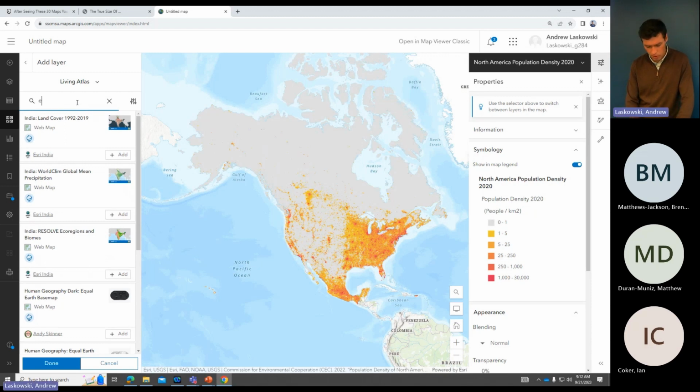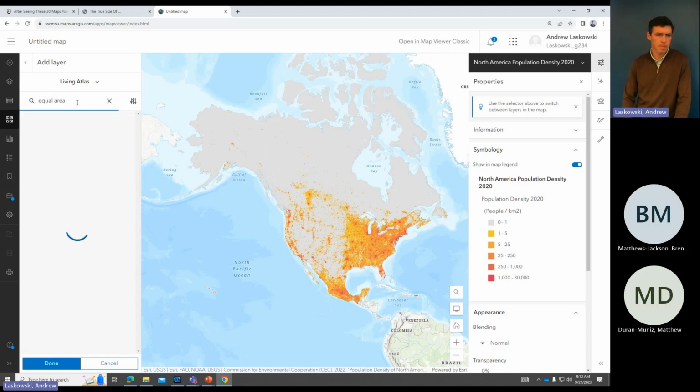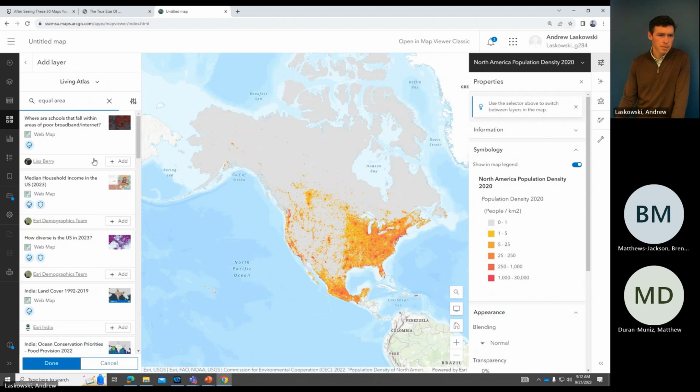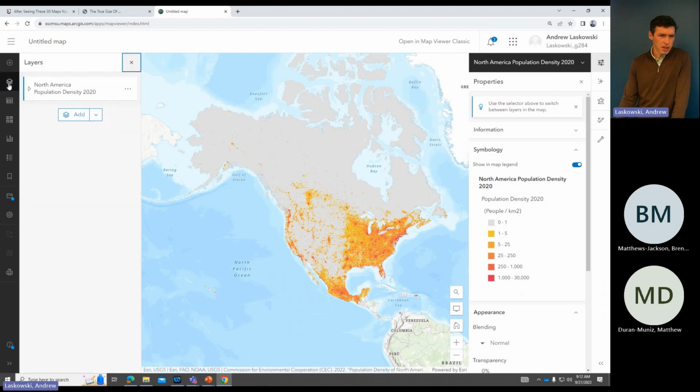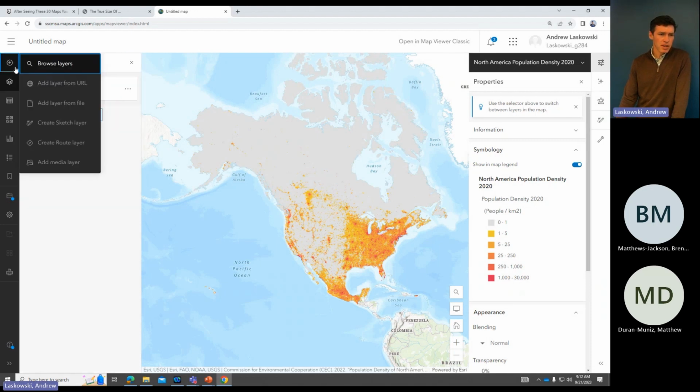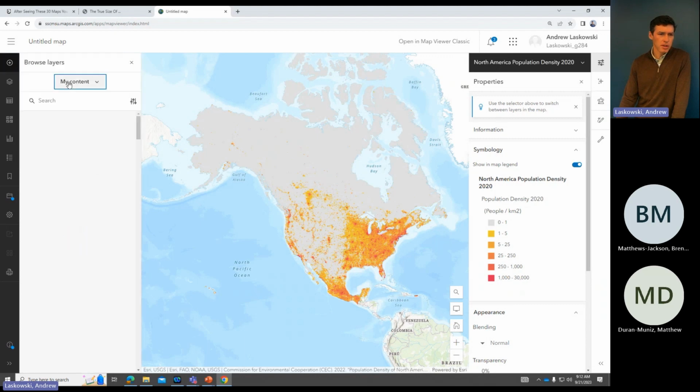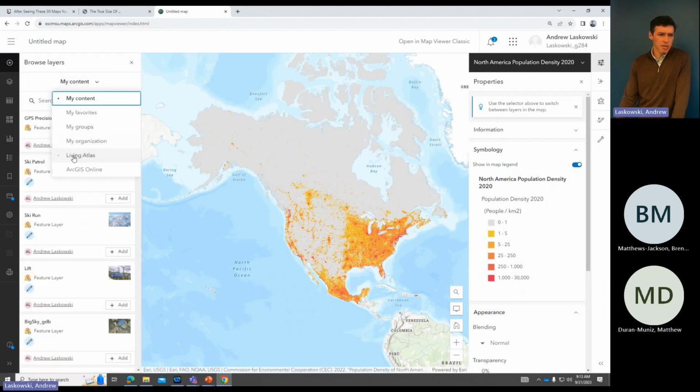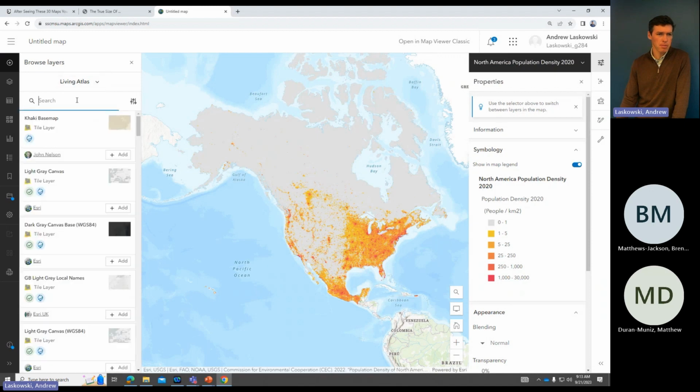Let's actually search for equal area. Sorry, this is a little bit different search functionality. So I want to go back to the Layers tab and just hit Add, Browse Layers, instead of clicking on that from the base maps pane.